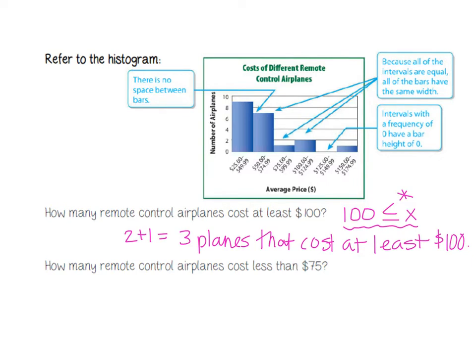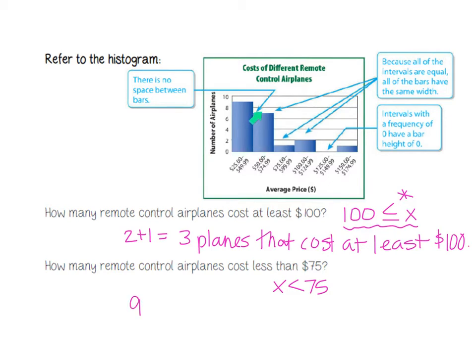So when we look at this next one, it says how many planes cost less than $75? Does it include $75? No. Okay, because 75 is not less than 75. So our inequality here would look like this. So we have to find this. Here's $75. So I want this information to the left of it. This one has 9.